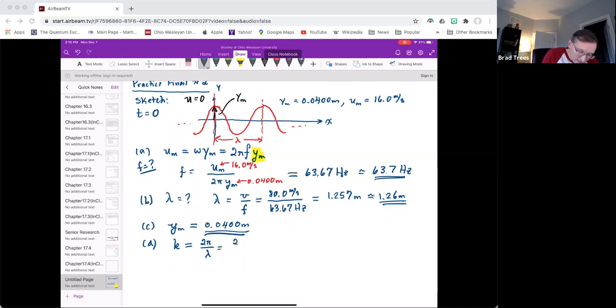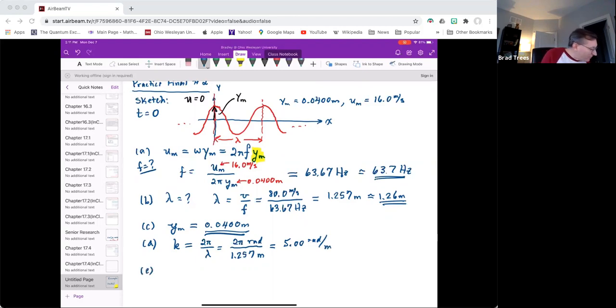Just plug in now. 2 pi, we don't always write it because it's not necessary, but there is a radian unit with that 2 pi. And then the lambda, I'll use the unrounded value, 1.257 meters. So I'm going to get a number in radians per meter. And to 3 sig figs, I get 5.00 radian per meter. That's K.